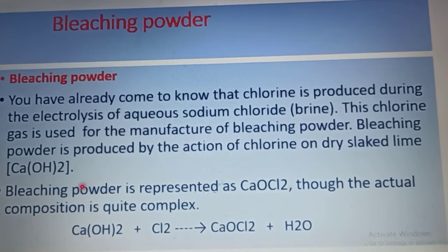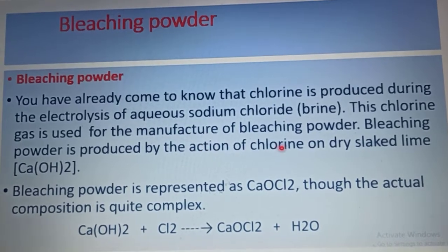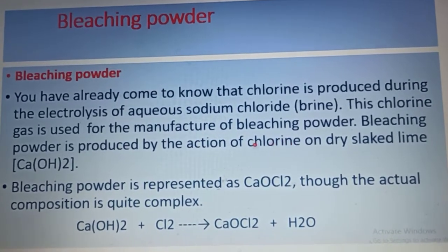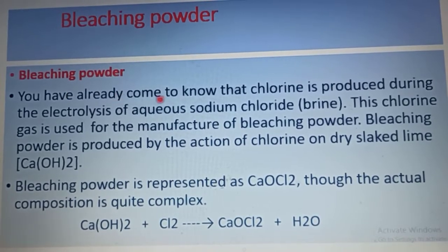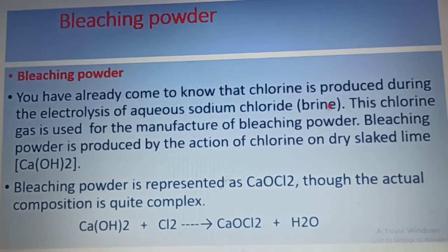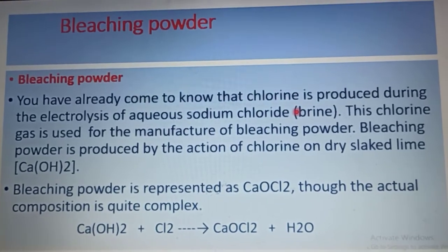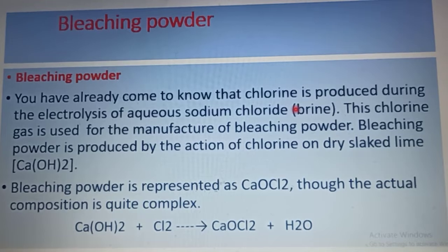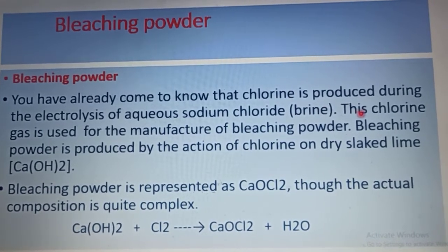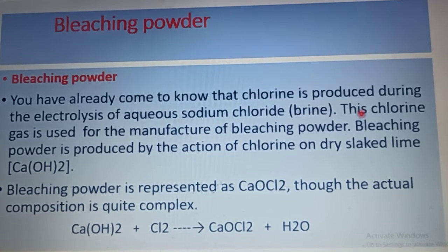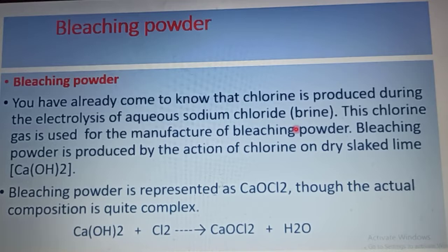And this bleaching powder is produced by the action of chlorine on dry slaked lime. So, how is it prepared? You know that chlorine is produced when we did the electrolysis of sodium chloride, that is of the brine solution. And this chlorine gas is used for manufacture of bleaching powder.